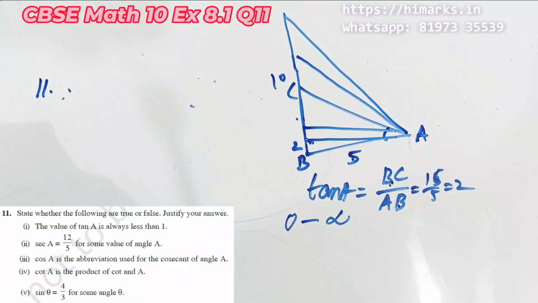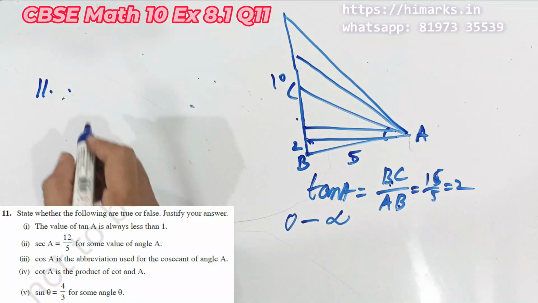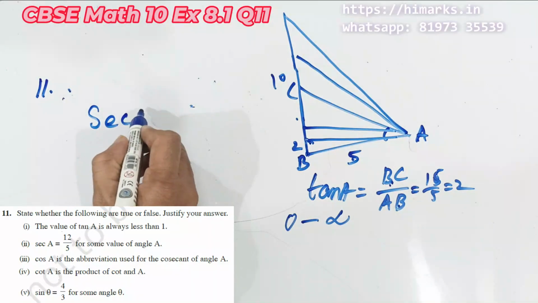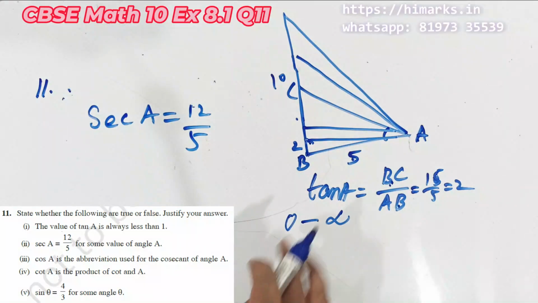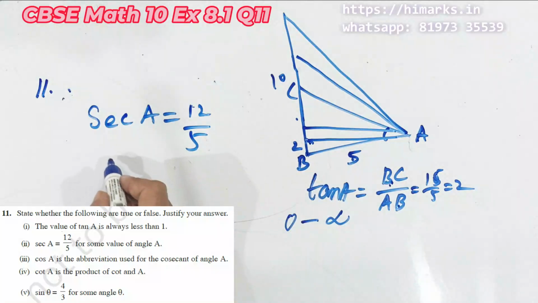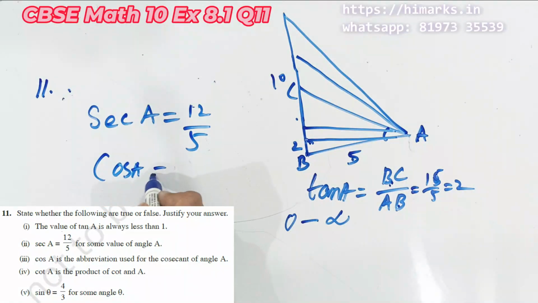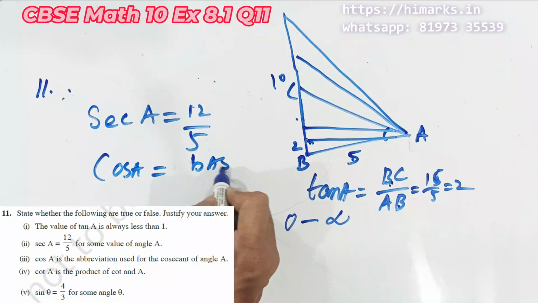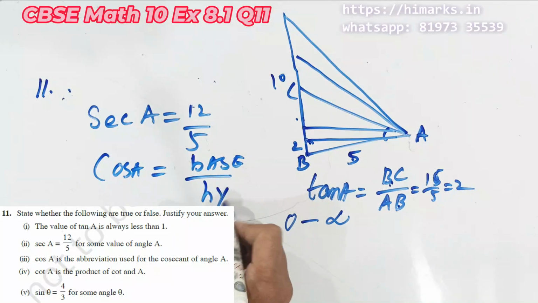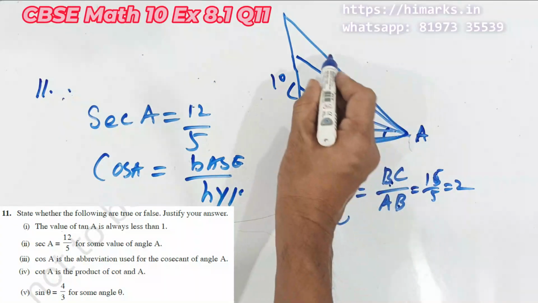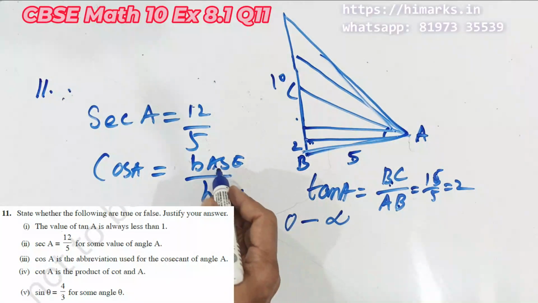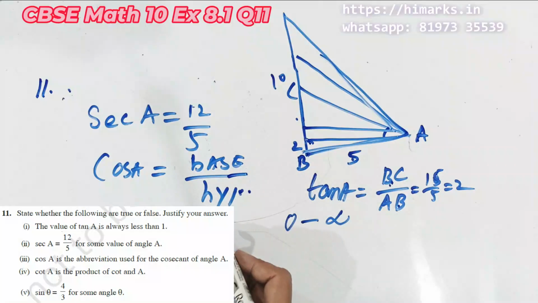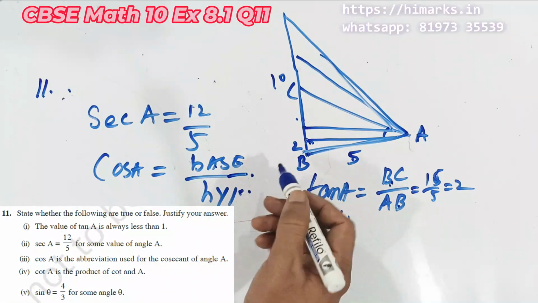The second one talks about sec A being 12 by 5. What is sec A? It is 1 by cos A. Remember, cos A is base by hypotenuse. You know that the hypotenuse is the biggest, so the cos value will always be less than 1.